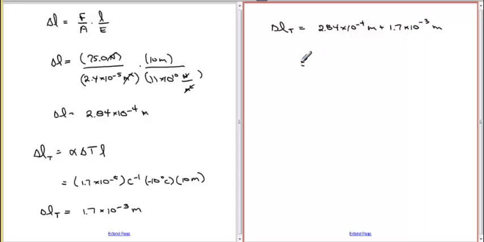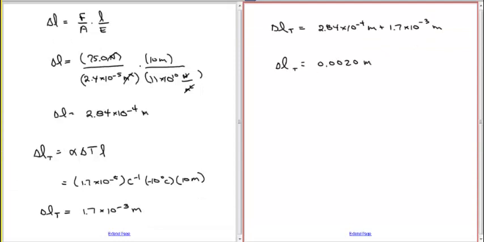You do that, 2.84 e to the minus 4 plus 1.7 e to the minus 3, and I get the total delta L as 0.0020 meters. I was just checking to make sure I was doing everything correctly, which I am.